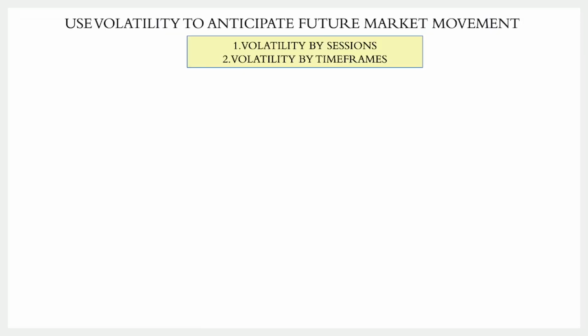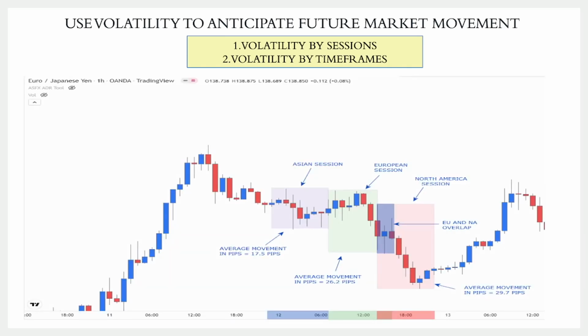Now, when we know the basic principles of volatility and the ways it directly affects market conditions, we can dig into more details. There are certain times during the day when the market tends to move more, followed by increased volatility. It usually happens during the European and North American sessions, especially at the time when they overlap. In the picture below, you can see how candles usually move during specific times of the day.